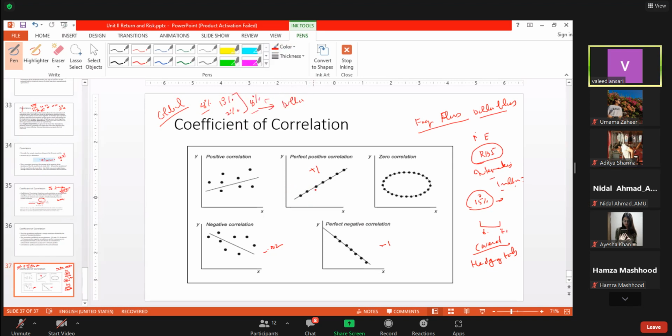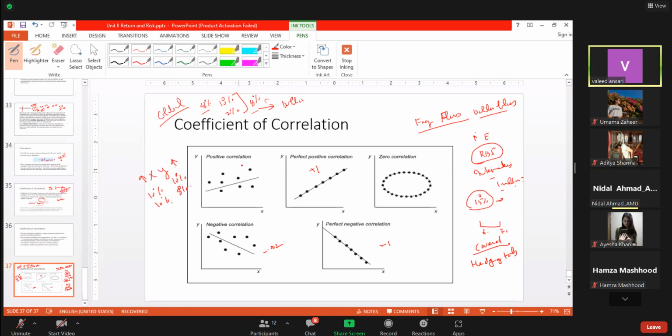If you plot the points, positive correlation is when both are going up, isn't it? If it is 10% and 10%, moving in lockstep fashion, then it is 100%. But if it is 10% and 8%, they are moving in the same direction, so the correlation will be positive, but it will not be one. Okay, sir, I got it now.